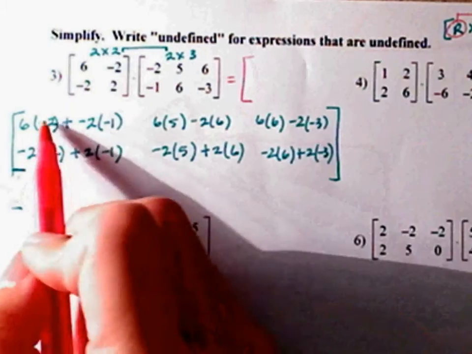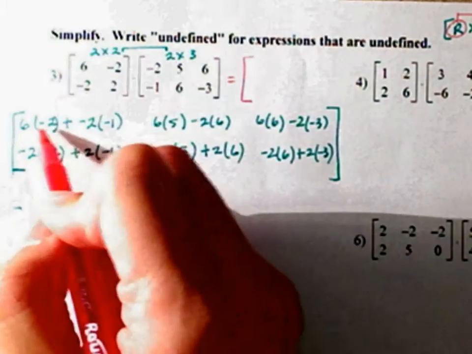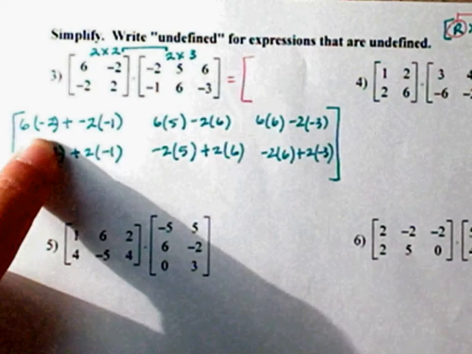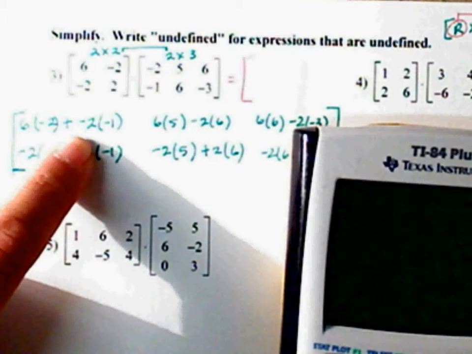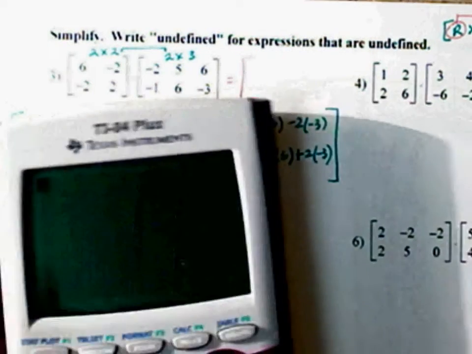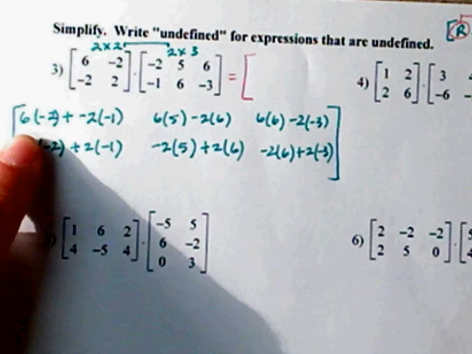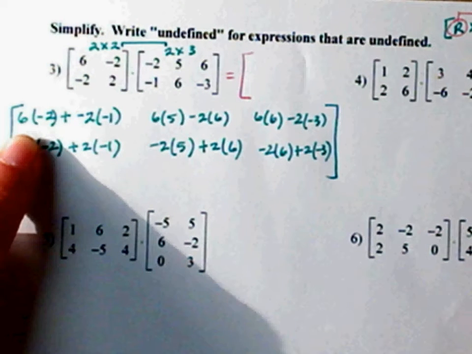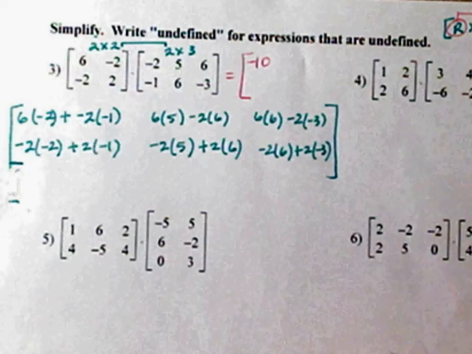Notice it's 2 rows by 3 columns. Okay? So 6 times negative 2 is negative 12 plus 2. And if you want to, you can do all this on your calculator, just like so. Okay? Which I'm going to do. 6 times negative 2 minus 2 times negative 1. That comes out to be negative 10. All right?